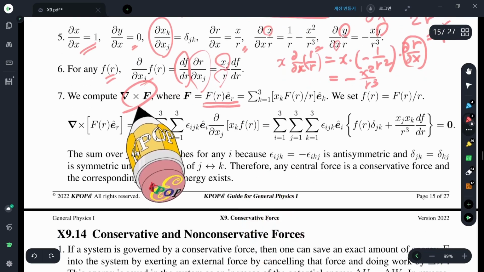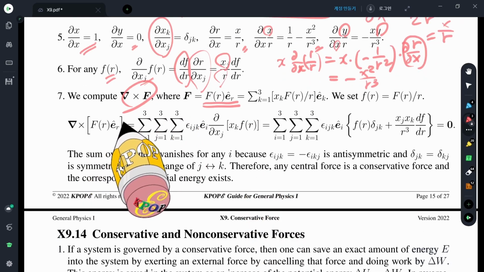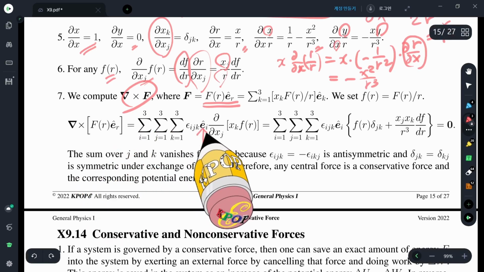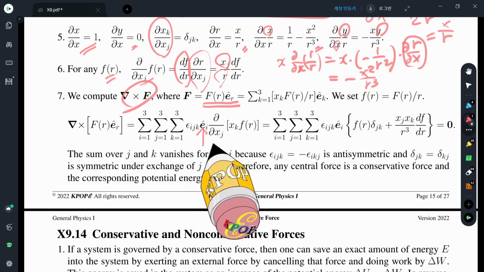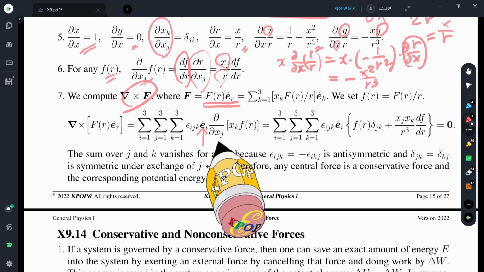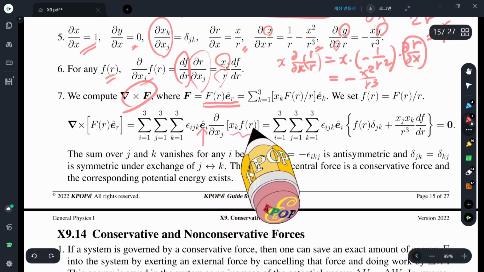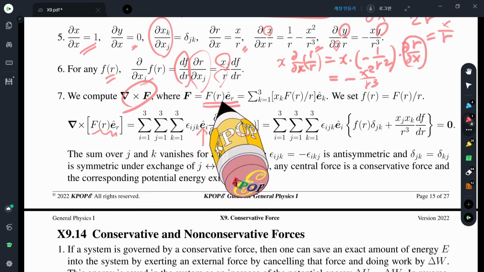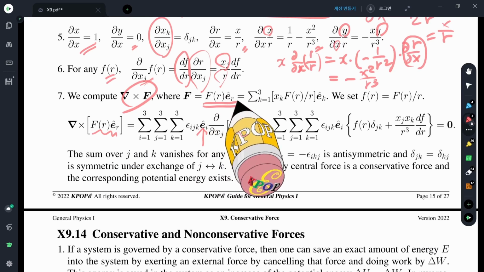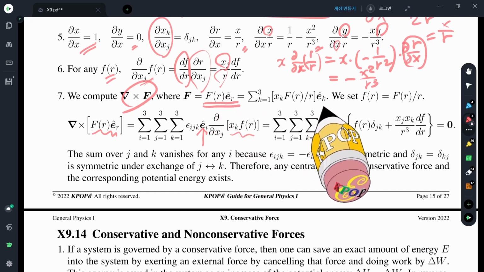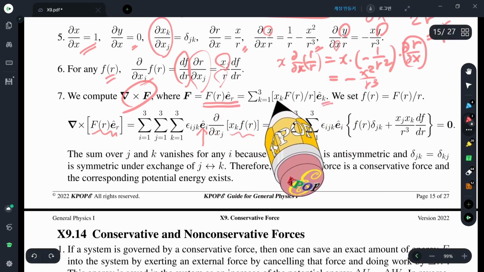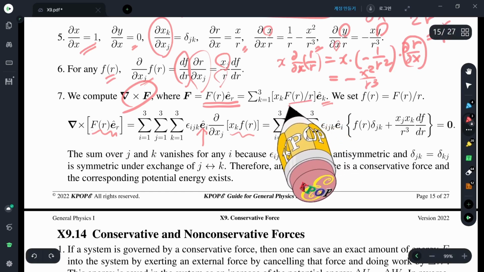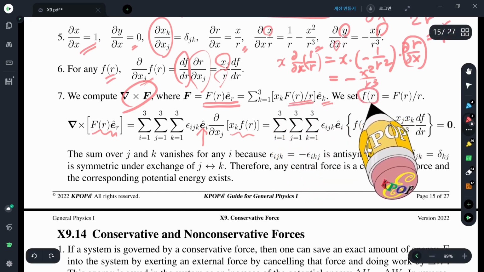We just compute the curl. The curl can be expanded in terms of the Cartesian basis, the i-th, j-th derivative, and k-th component. So f of r, and the unit vector is replaced with the Cartesian vector, x component divided by r. So let me combine these two to have a small f of r.